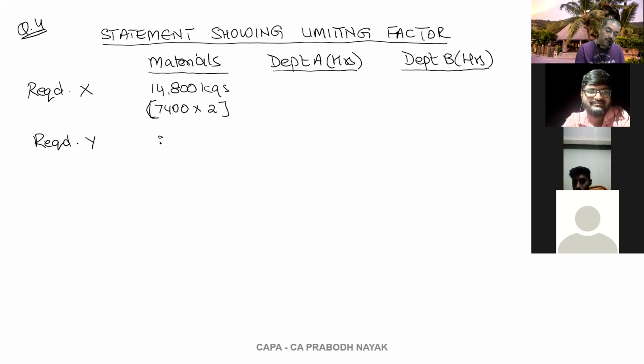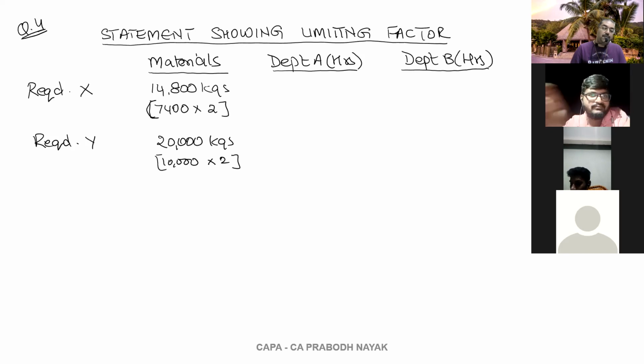So it will be 20,000. Department A hours, 0.5 hours per unit.